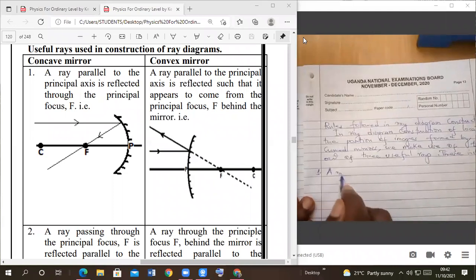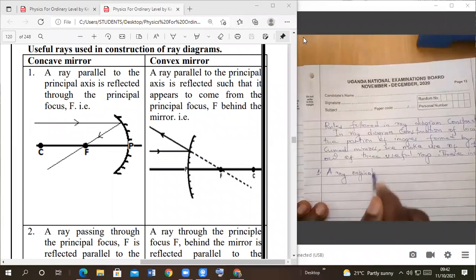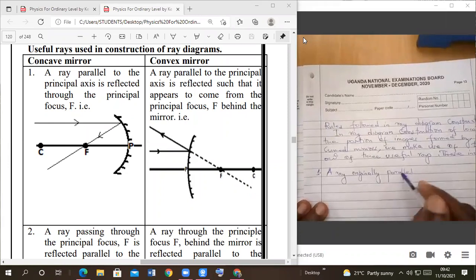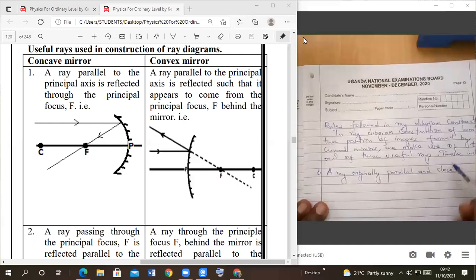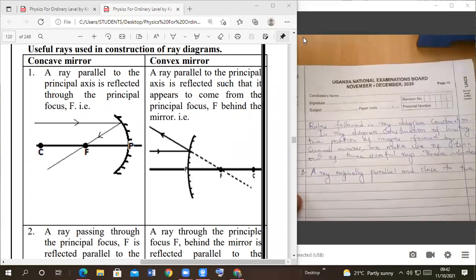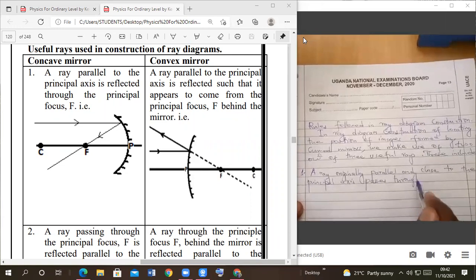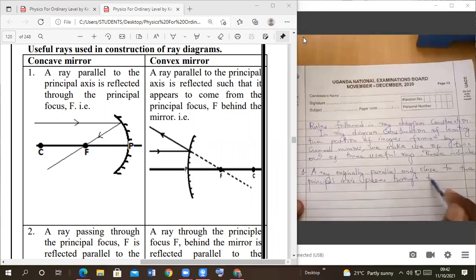A ray originally parallel and close to the principal axis passes through the principal focus after reflection.